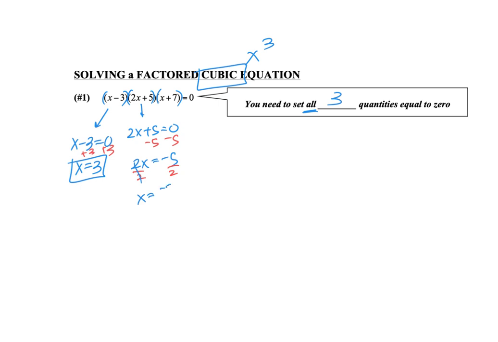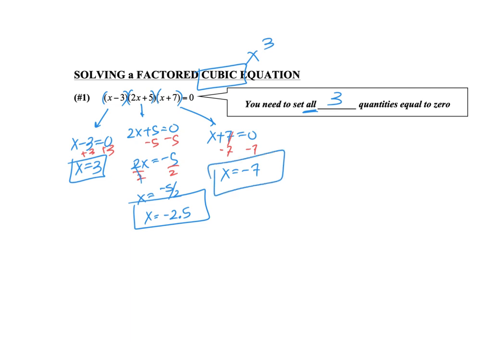So x is equal to negative 5 over 2, or maybe you recognize that as negative 2.5. That's correct. And the last one, I'd say x plus 7 is equal to 0. So I'd subtract a 7. So x is equal to negative 7. All right, so all of those are it.